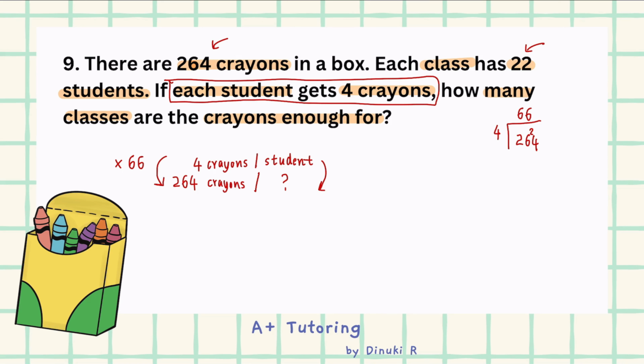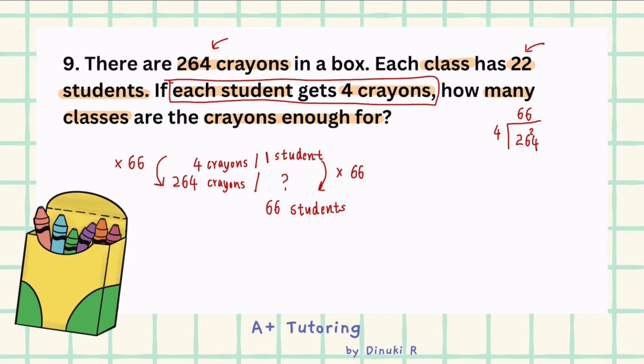And just to make this a bit clearer, I'm just going to write 1 student, right? Per student, 1 student, same thing. So if we've multiplied this side by 66, we need to multiply this side by 66, which means we've got 66 students.